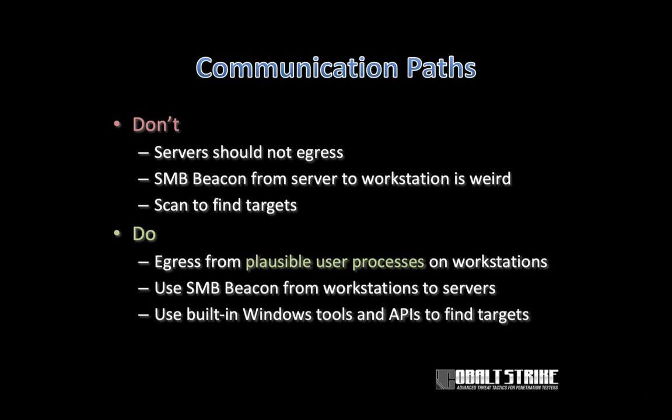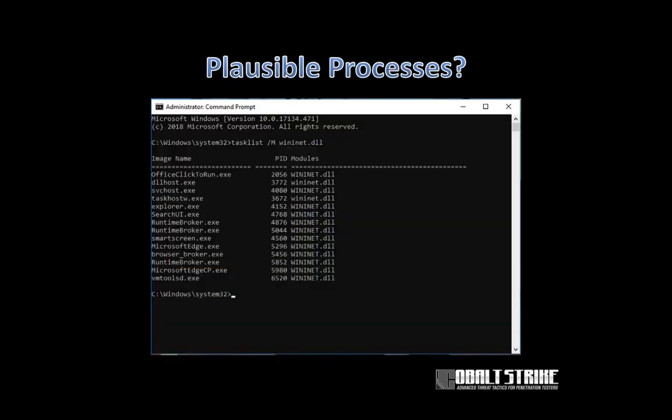I do recommend you take advantage of built-in Windows tools and APIs to find targets. Querying Active Directory is definitely your friend, and we will talk about that later when we talk about lateral movement. What is a plausible process for egress? Well, it depends on the type of C2 channel.